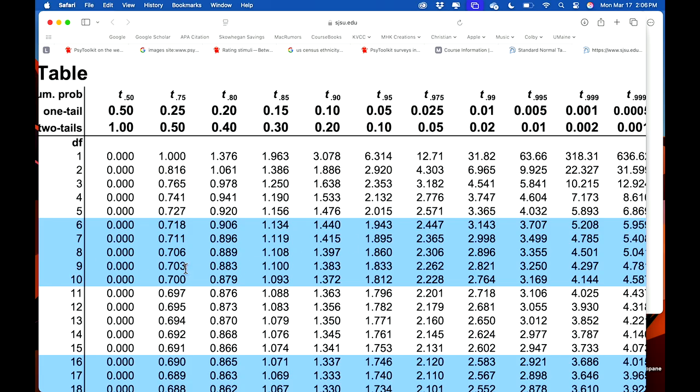So my t-score would have had to be above 1.833 in order to meet the 0.05 criteria of significance, or it would have had to be above the 2.8 level to meet the 0.01 in a one-tailed test.